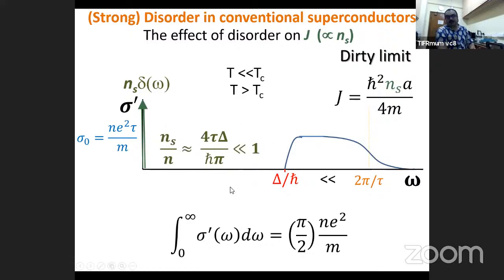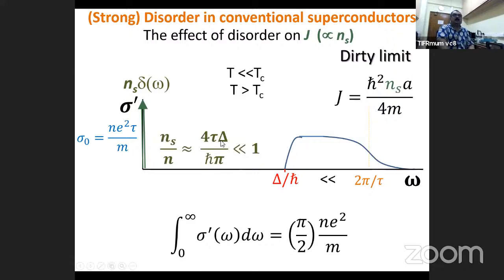And this we have derived that Ns by N, N is the total carrier density, Ns by N in this case is proportional to tau into delta, because it's proportional to this area here. So tau into delta, actually the tau comes from this tau and the delta comes from this delta. And then the remaining are the proportionality constant that come in, and therefore this ratio is 4 tau delta by h cross pi.